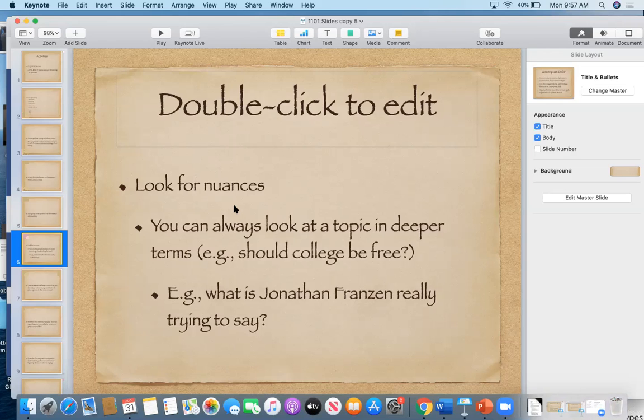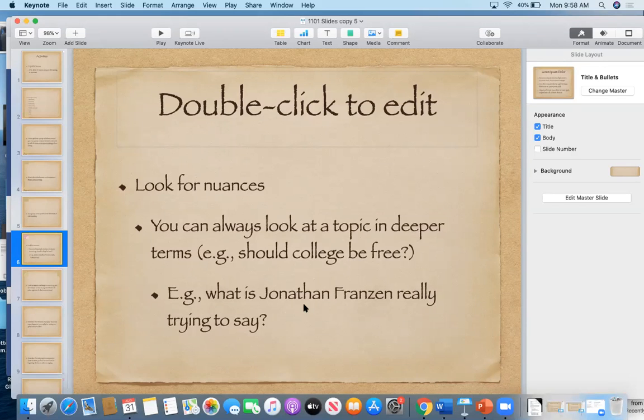But then you think about how, in a way, it would be good for us, but at the same time, it might not always be good for us, because if everybody can get an education, then it kind of devalues it. So you go to apply for a job and maybe you worked really hard in college, got a degree, but then somebody who didn't work hard in college also has a degree, and maybe they get a job that you don't. So you have to think of it maybe in terms of that. So always look for the deeper answers or different nuances into a topic.